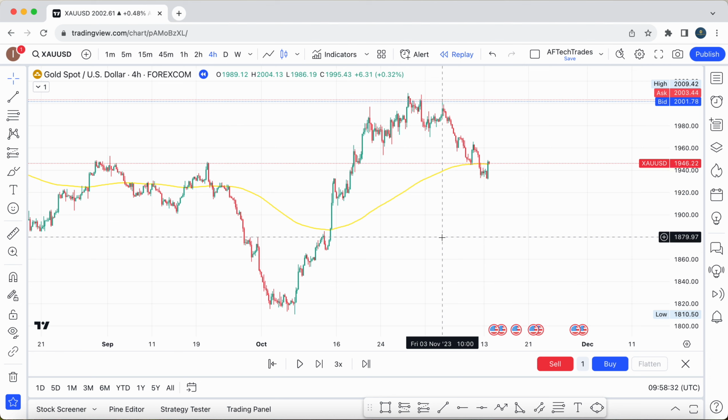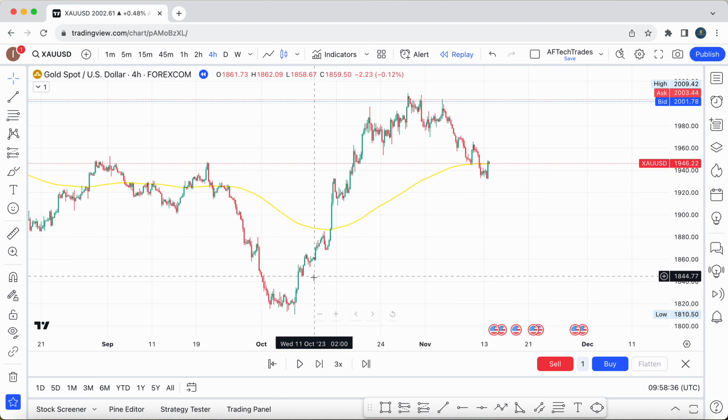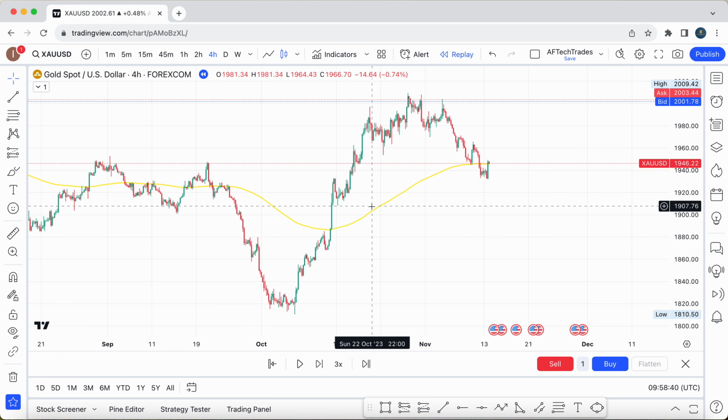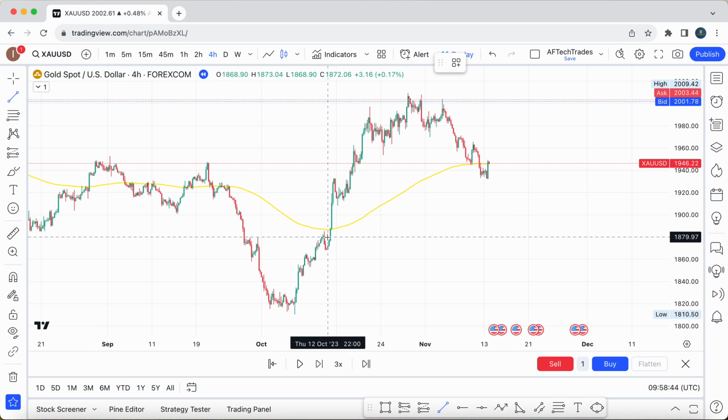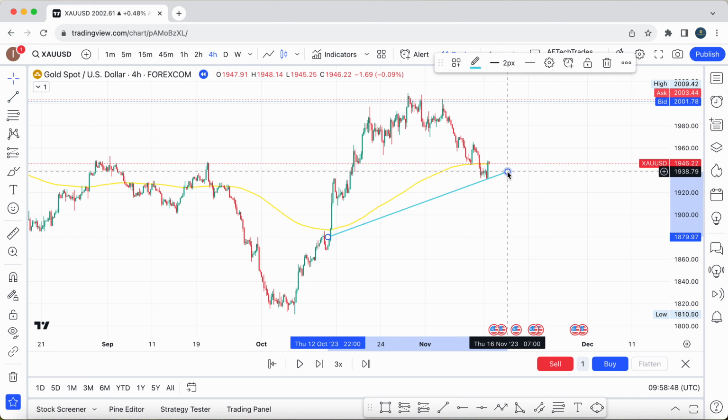Okay, you're on the 4-hour time frame. On the 4-hour time frame, you will see that yes, the overall market is still an upward trend, because if you notice from this moment, all the candlesticks are above the 200 EMA. This is the 200 EMA.